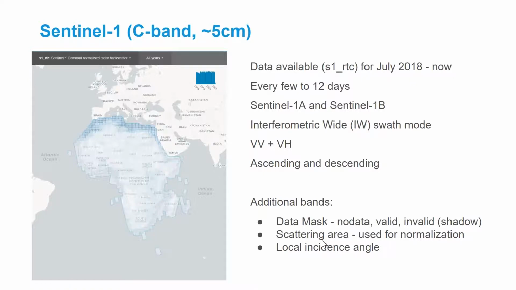So this is probably for more expert users if you want to really understand what correction has been made to the image, or if you want to weight the image in some way according to the scattering area. And the other thing, because look angle is very important, we also have a band that has the local incidence angle. So this is an image, a per pixel local incidence angle. You can use this as additional information to interpret the signal.